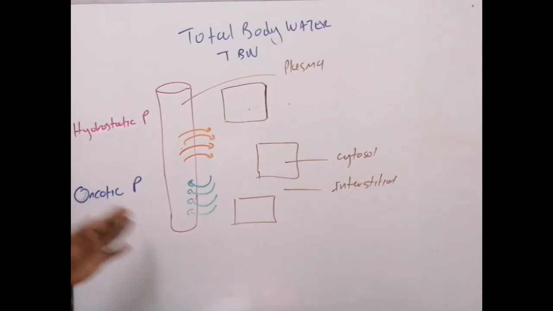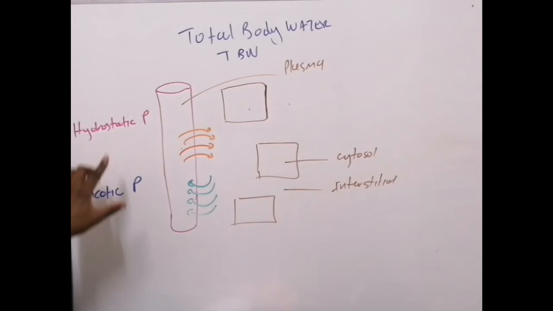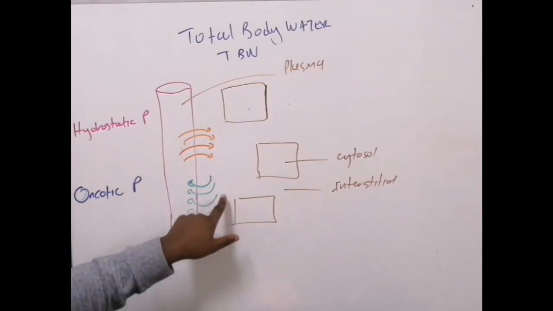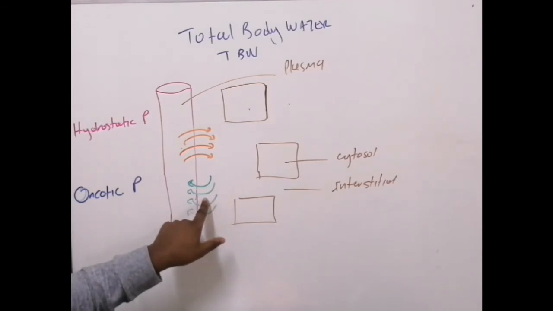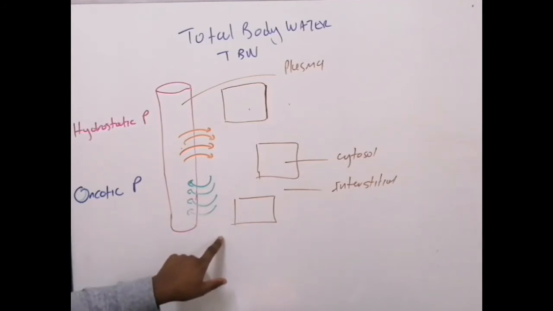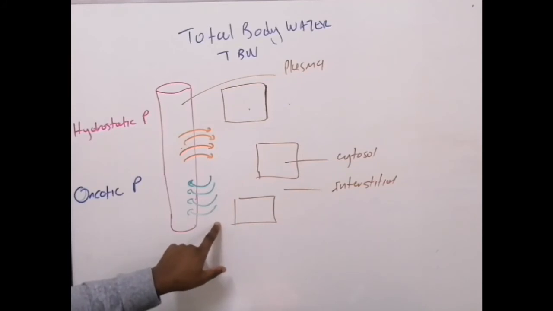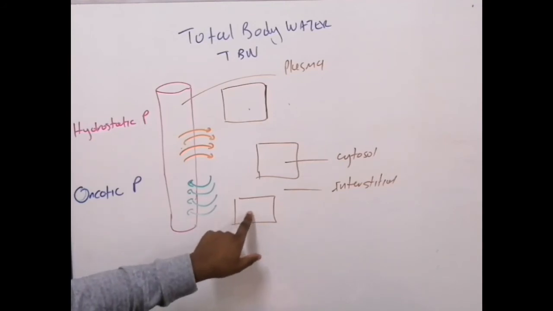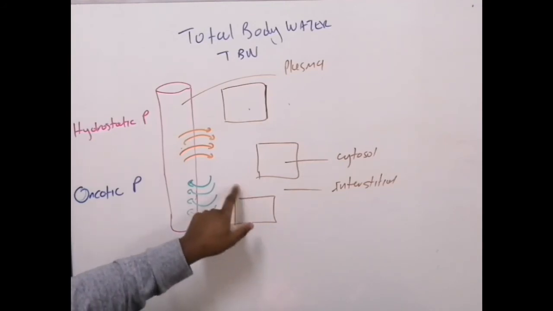And also, imagine if you had oncotic pressure but you didn't have a strong hydrostatic. You are going to have a situation whereby water from the interstitial is drawn into the intravascular, depleting the interstitial fluid. And when interstitial fluid is depleted, you are going to have a problem, because the water from the intracellular will start moving outside.